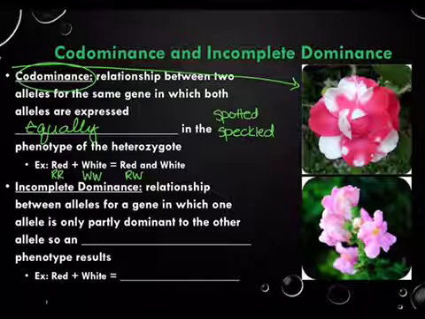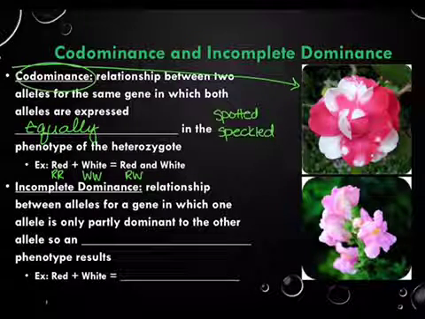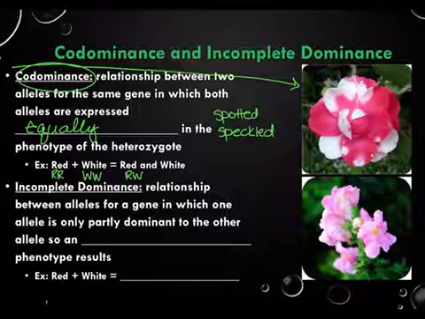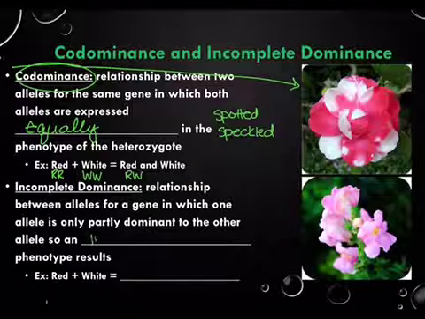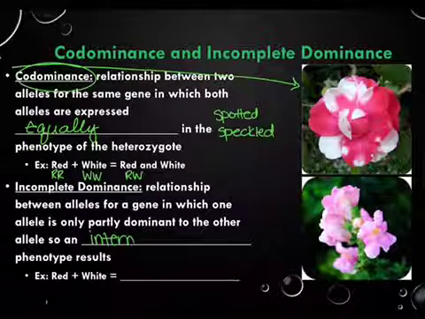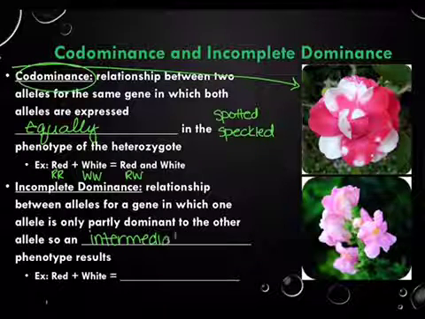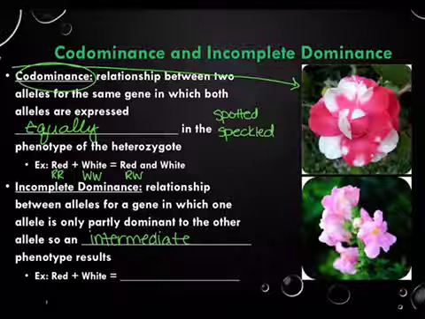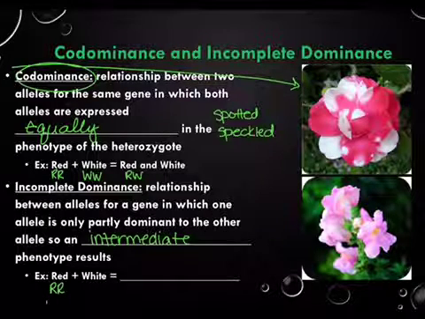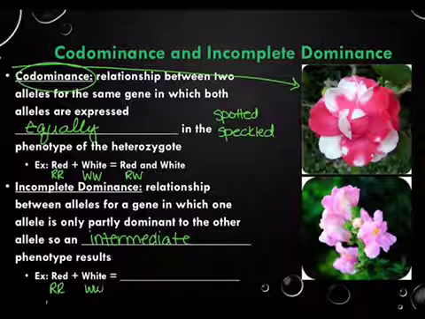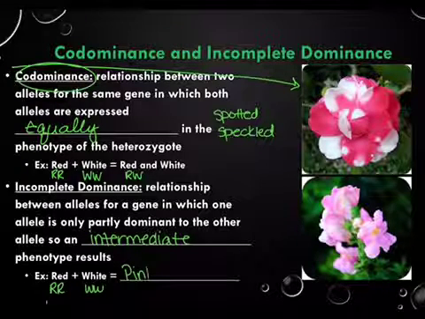Incomplete dominance is the relationship between alleles for a gene in which one allele is only partially dominant to the other allele. So an intermediate phenotype results. So this would be your red, again 2 big R's, plus your white, 2 big W's, gives you now pink.